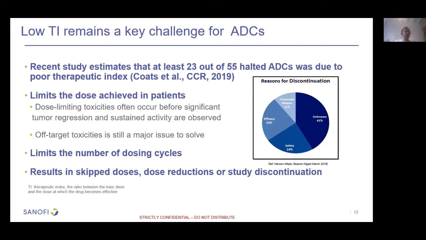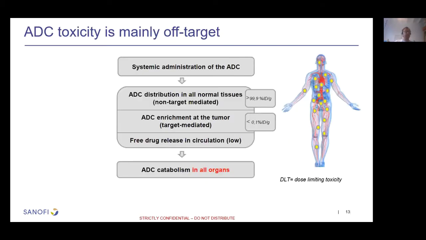What has been happening during the last decade is that ADC toxicity is mainly off-target mediated, and off-target toxicity is consequently still a major issue to solve.